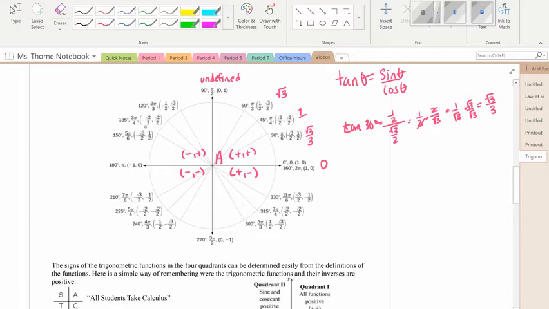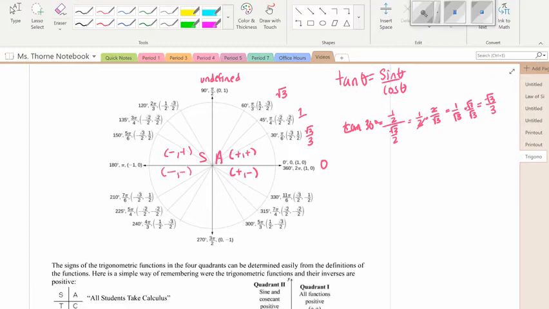When we get into the second quadrant, notice again that our x value is negative. So since our x value is negative, in this quadrant our sines are going to be positive, but everything else is going to be negative. So I'll move that over. So negative, positive. So this would be S.